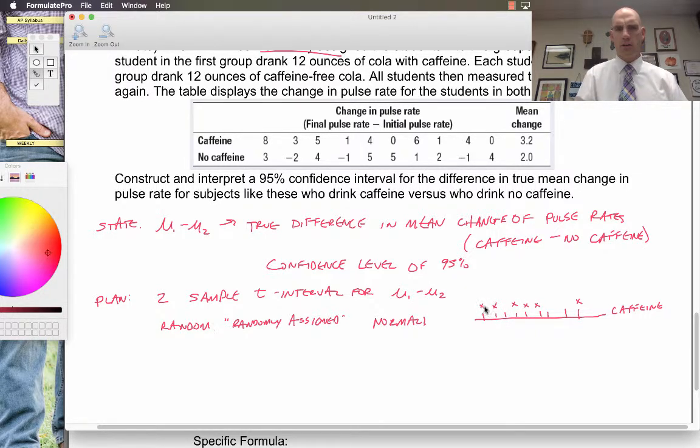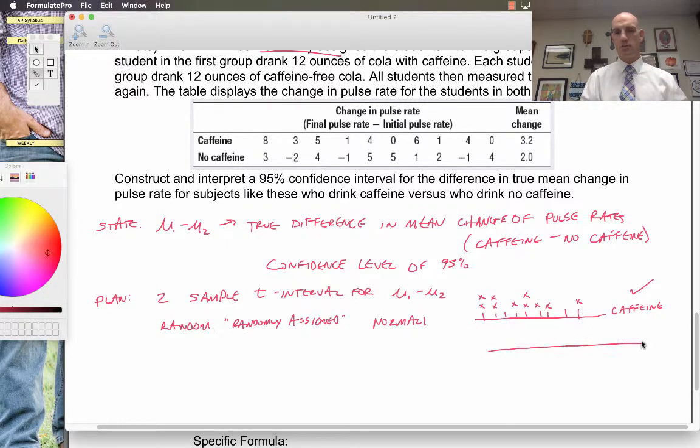Another 0, 1, 2, 3, 4, 5, 6. And then another 1, and a 0, 1, 2, 3, 4, and another 0. Any strong skew or outliers? No. So the caffeine is good to go.